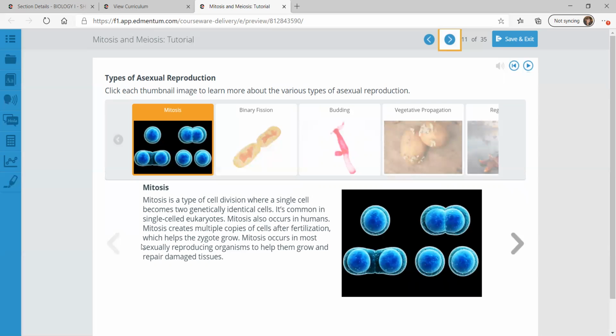And mitosis creates multiple copies of cells after fertilization, which helps the zygote grow. Mitosis occurs in most sexually reproducing organisms to help them grow and repair damaged tissues. So we have one becoming two genetically identical cells.